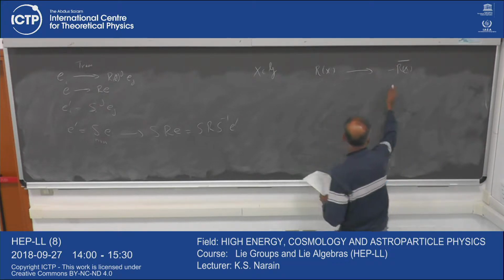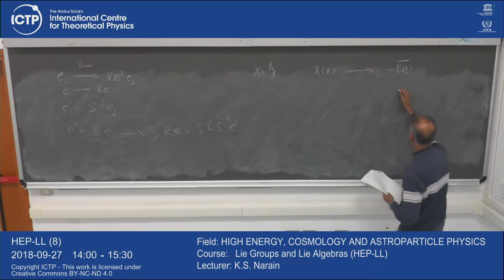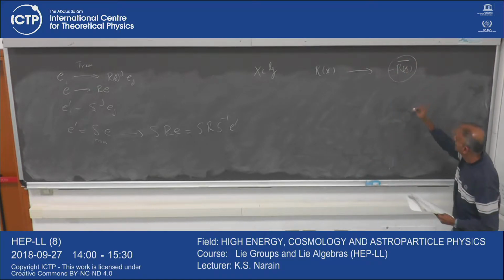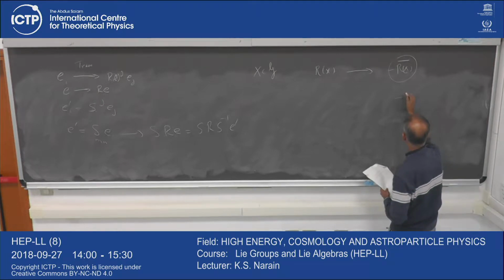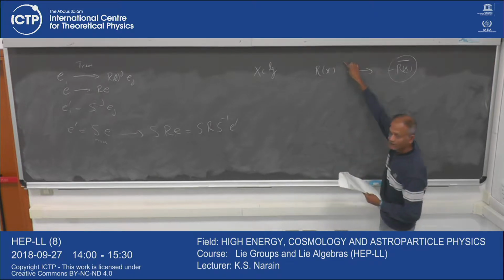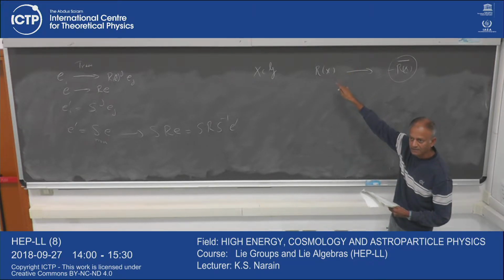But now, what will happen? If I have some vector space here, this is going to act on some vector space, right? This is some n by n matrix, so you can always think of it as acting on an n-dimensional vector space.